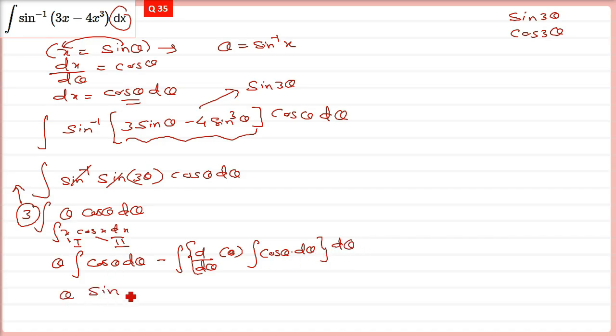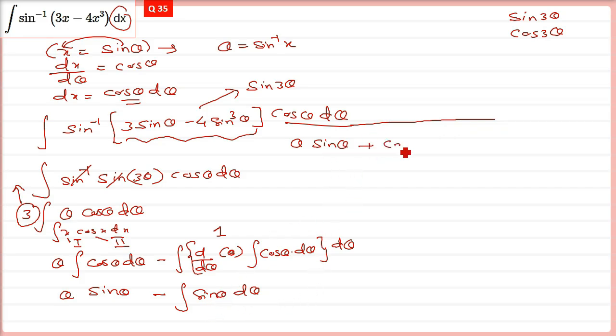So theta sine theta minus integration of, d by d theta of theta is 1, cos theta we have just done sine theta, so you are integrating sine theta d theta again. So I am doing it here right now. Theta sine theta has already been done. We'll just replace this theta at a proper time. But we need to deal with this integration of sine theta d theta. Integration of sine theta is minus cos theta. So this will become positive cos theta plus c.